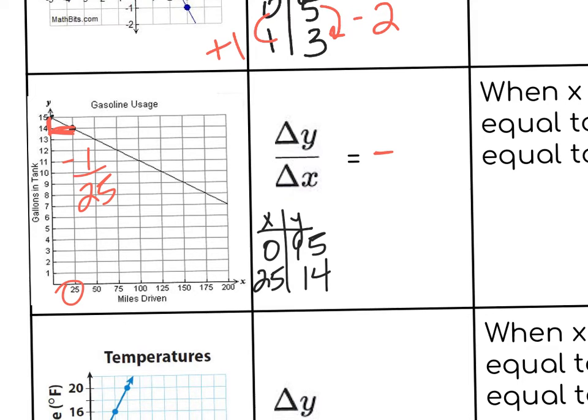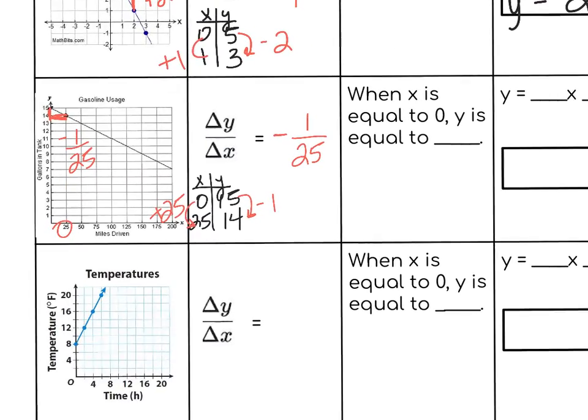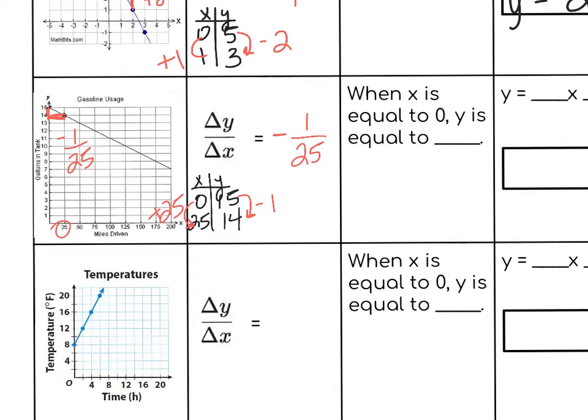So I see that from 15 to 14 is negative 1, and from 0 to 25 is plus 25. So my slope is negative 1 over 25. Okay, so the y-intercept, when x is equal to 0, y is equal to 15. So I have that in my table, and you can see it right there.